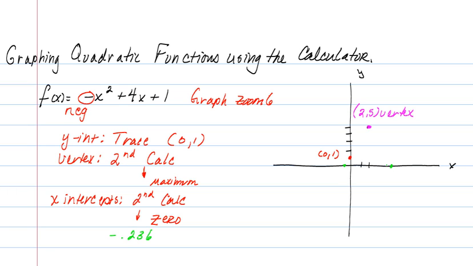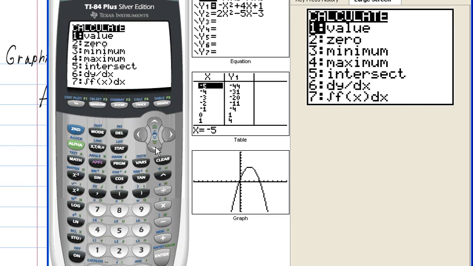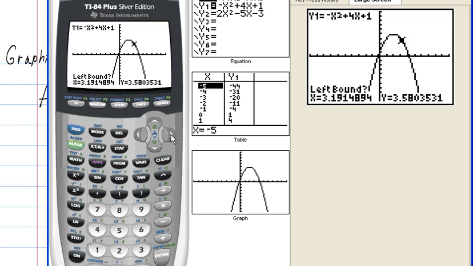Let's find out what it is using the calculator and choosing again the second calc feature. And under that we'll choose the 0 feature. I found this one. I need to get over here. I'm having to use the feature a second time to calculate the second x-intercept.